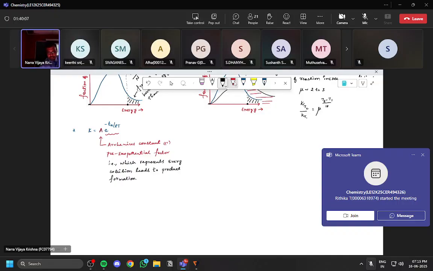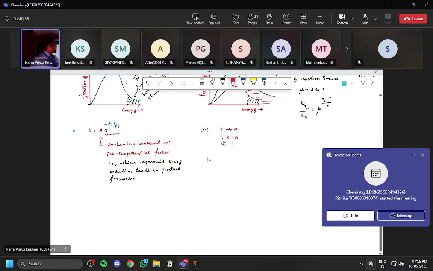Or can I say, when temperature T tends to infinite, what happens to this term? What is this EA by RT now? Anything to the power 0 is 1, so K becomes equal to A. Correct or not?